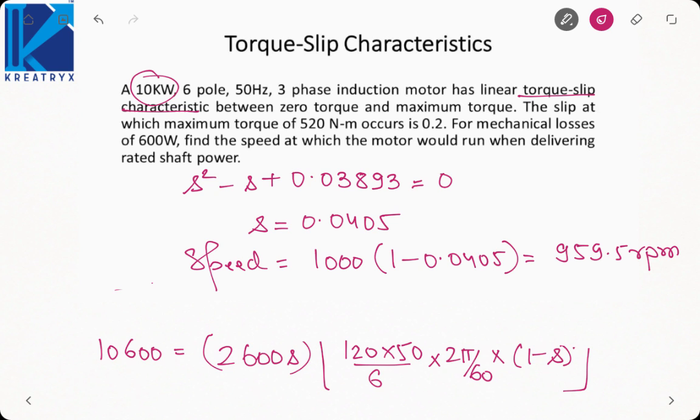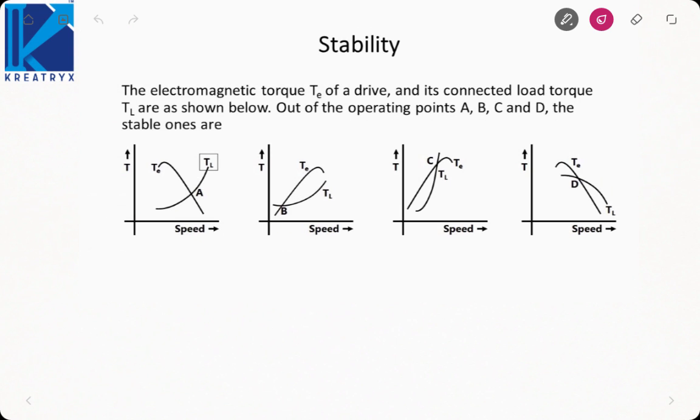So these are some of the concepts related to the torque and slip characteristics which you always need to remember. The next concept is for stability of an induction motor. Now for stable operation, the condition that you need to remember is the slope of the load torque curve must be greater than the slope of electromagnetic torque or the motor torque.